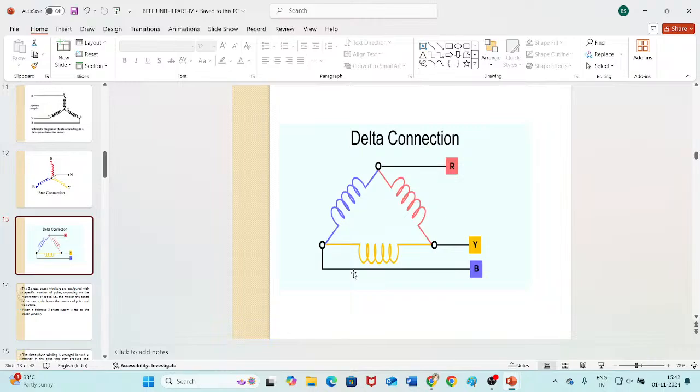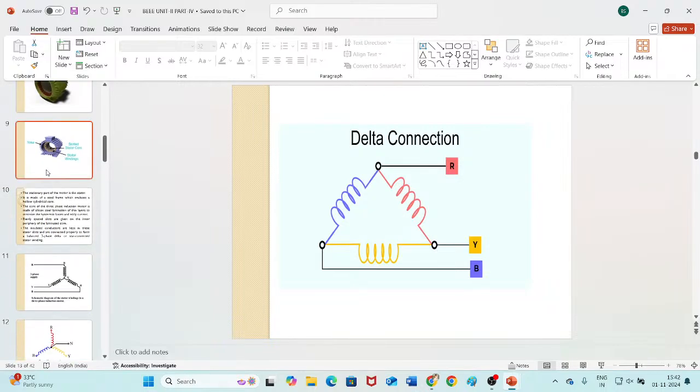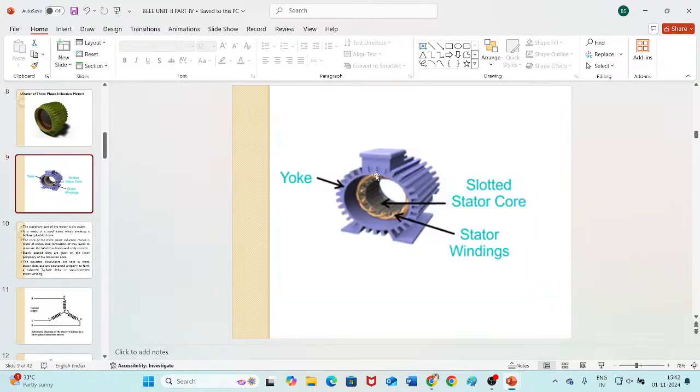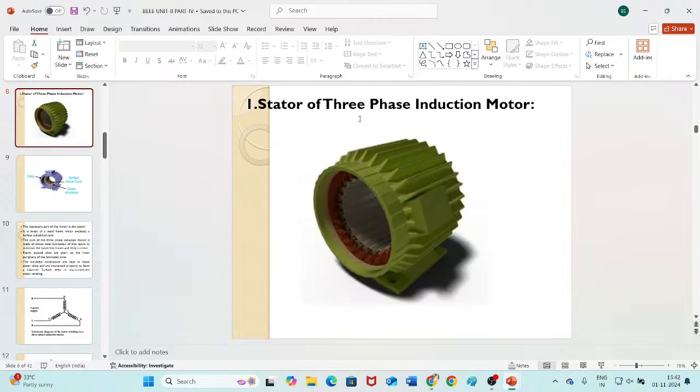So what is the stator? It is a hollow steel frame with a hollow cylindrical core. If you look at it carefully, it is almost cylindrical in shape and hollow inside.